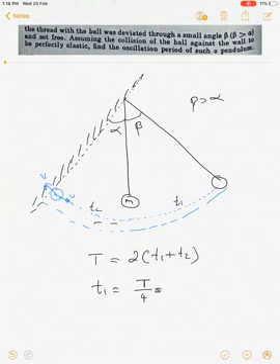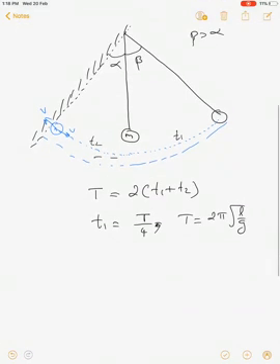For the total time period of oscillation, we know that T is equal to 2 pi under root of L divided by g. Now we can find the value of t2.